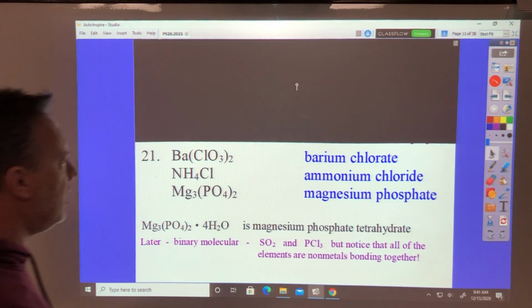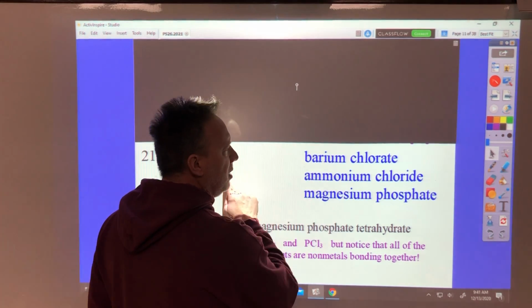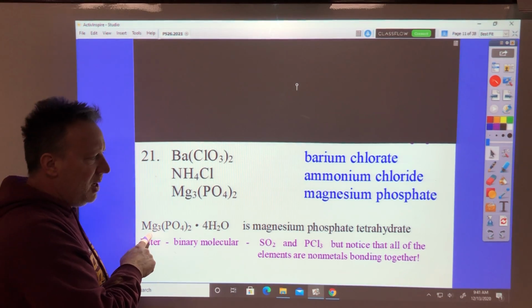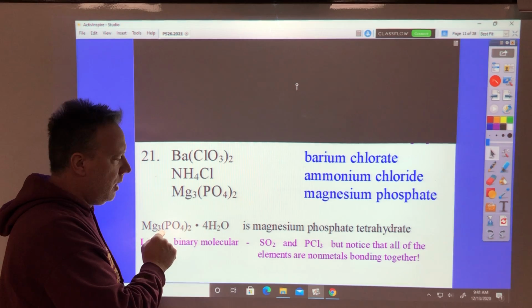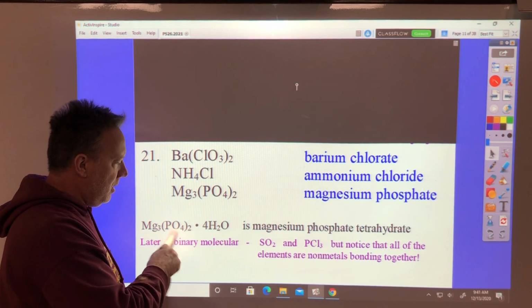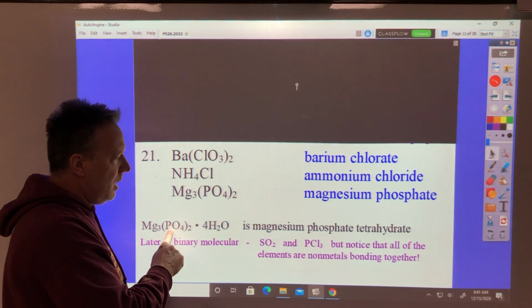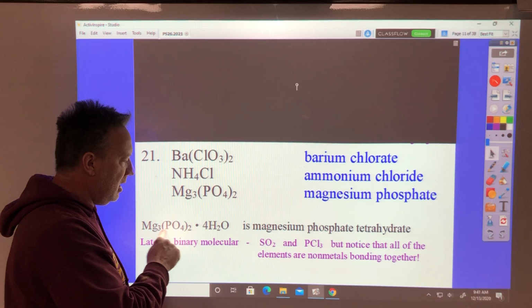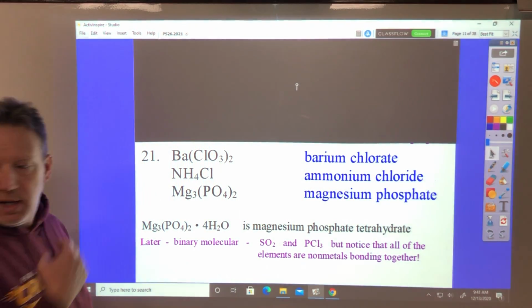I'm doing 21 first here. Barium chlorate, ammonium chloride, magnesium phosphate. There is a hydrate in there. That .4H2O just means that you've got this. Apparently it was given as MgPO4 or magnesium phosphate .4H2O. I didn't look at it.